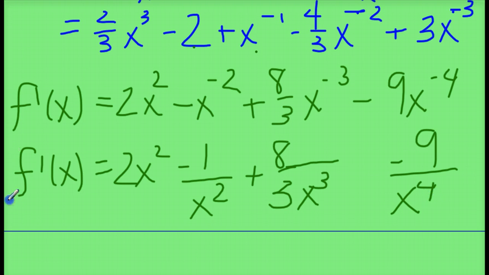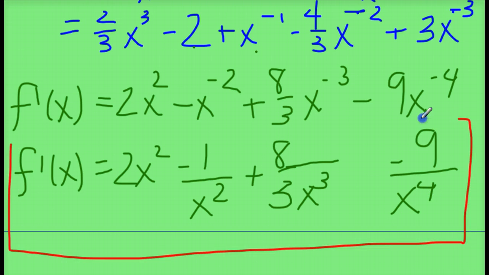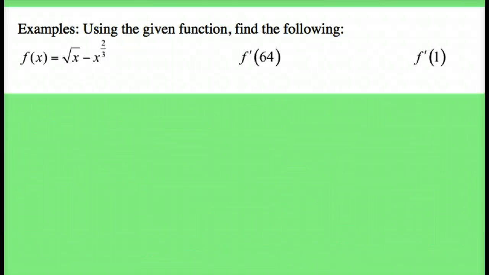And this right here is my derivative once I rewrite my function and then use my derivative rules. Okay? So let's continue to a problem like this.